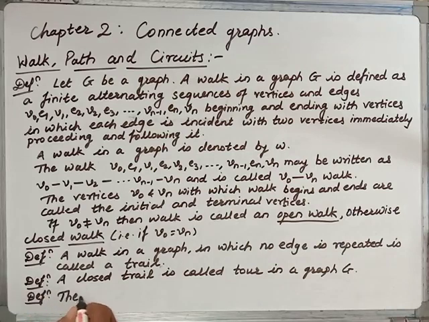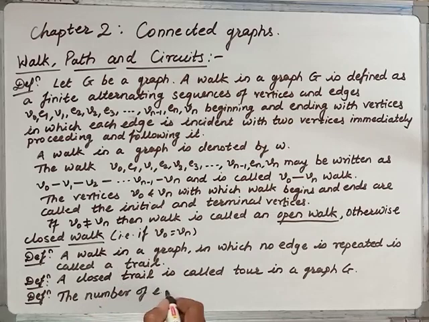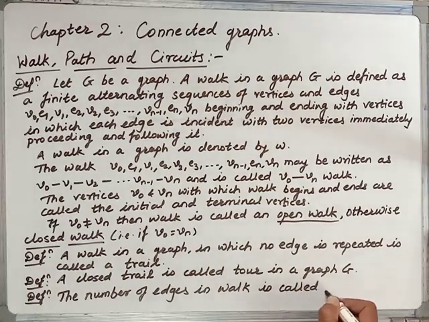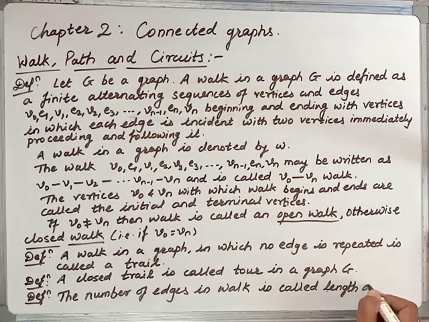The number of edges in a walk is called the length of the walk.